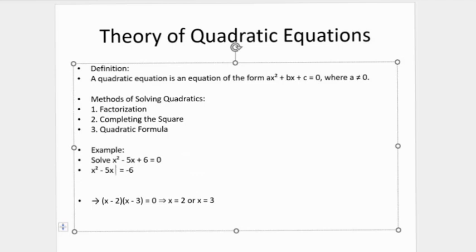So you would add minus 5 over 2 all squared.